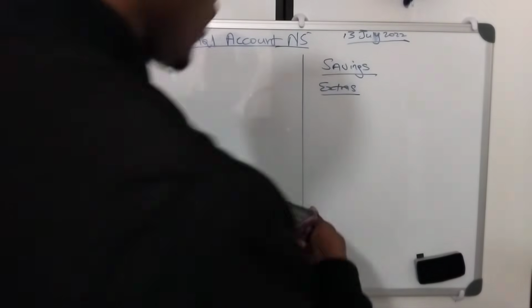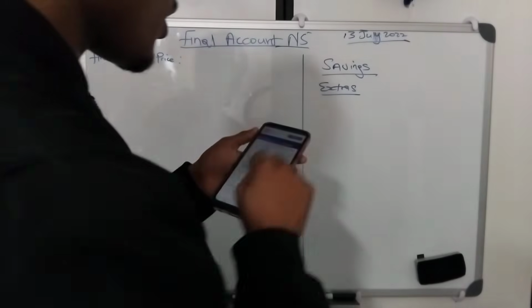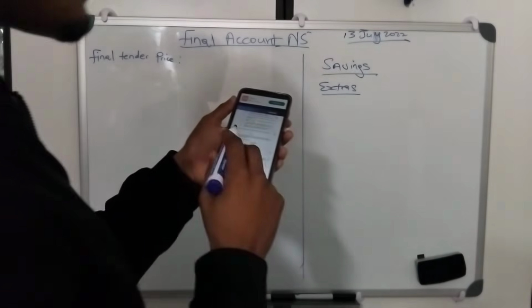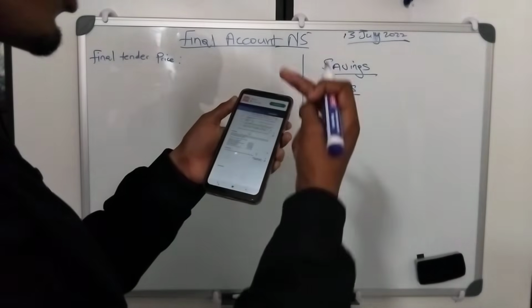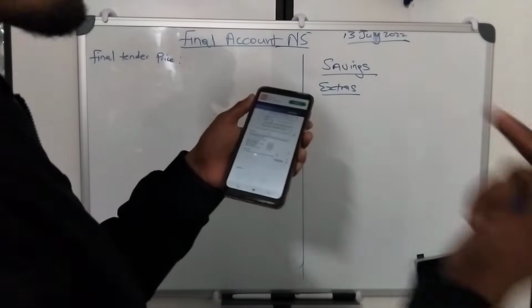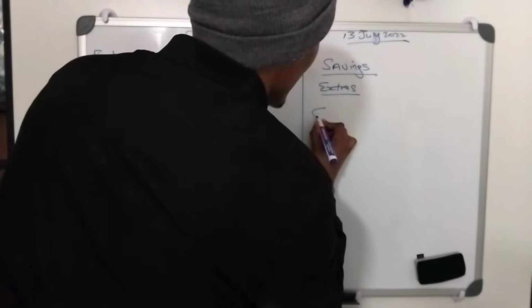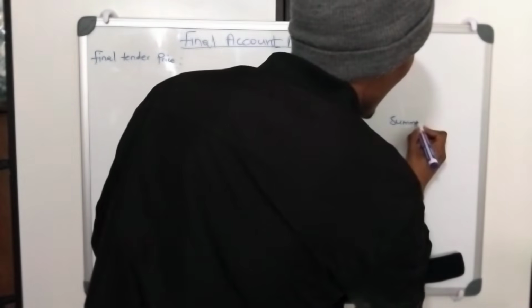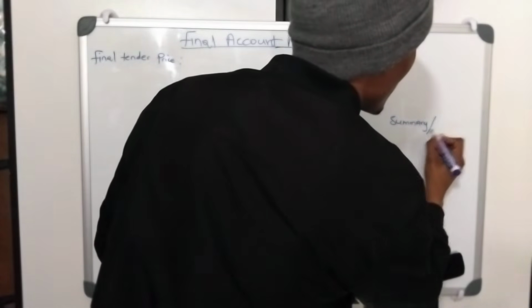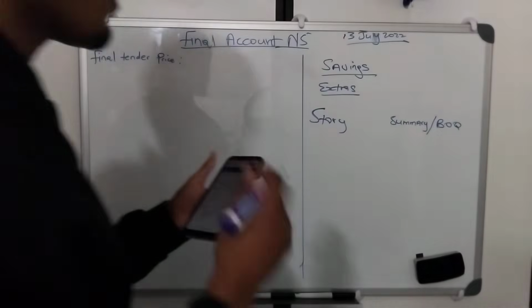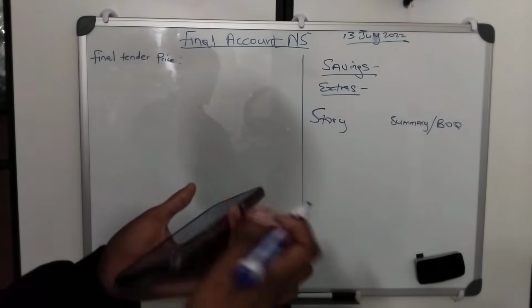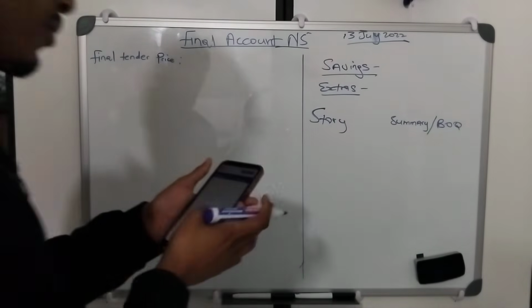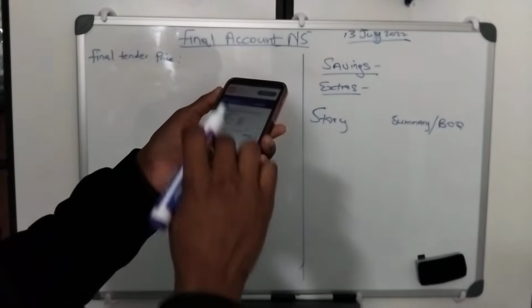In the question, where you are given the adjustments that must be made, such as preliminaries to be adjusted at whatever amount, I call that the story. Then the summary for the BOQ, I call it a summary, or I can call it a BOQ. So for you to know which belongs on savings and which belongs on extras, I'll give you a simple method. You look at them one by one.